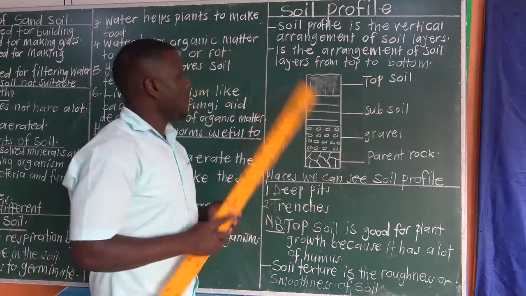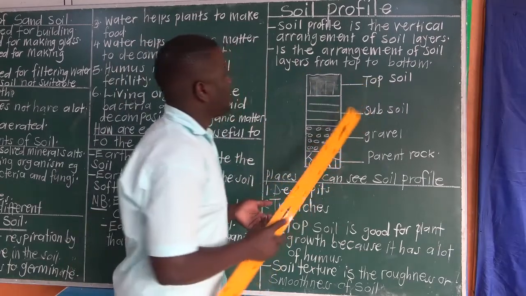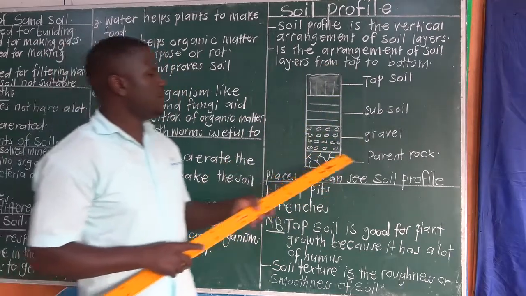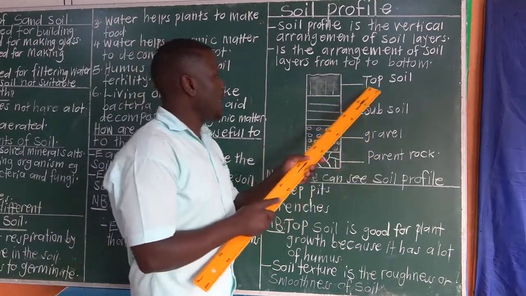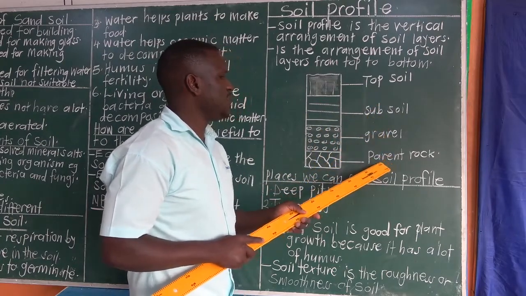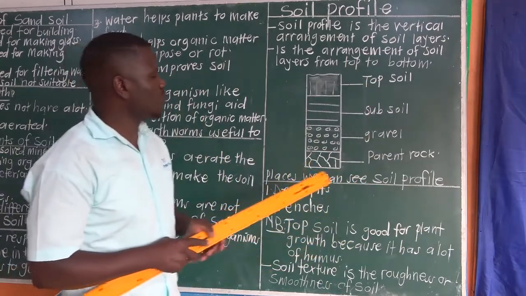We have a soil profile here. We have topsoil, subsoil, gravel, and parent rock. These are the four layers of a soil profile.